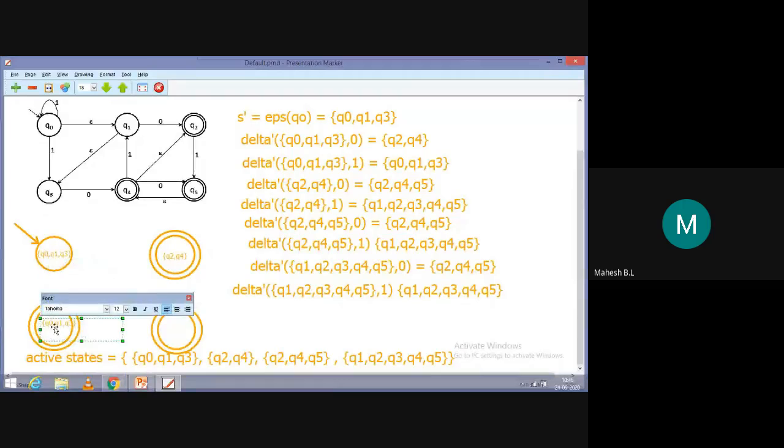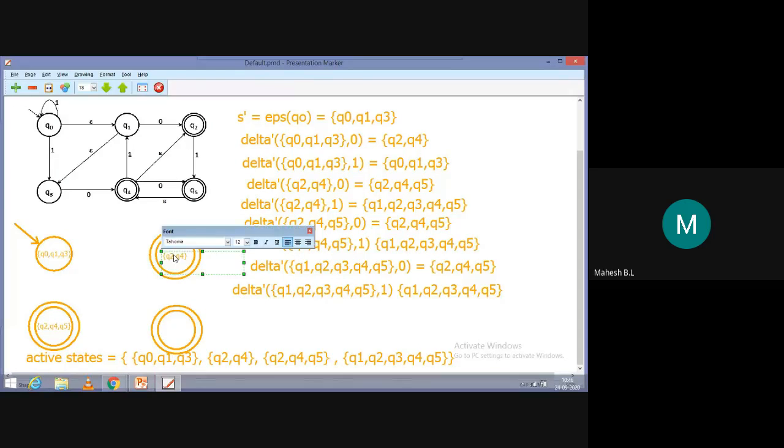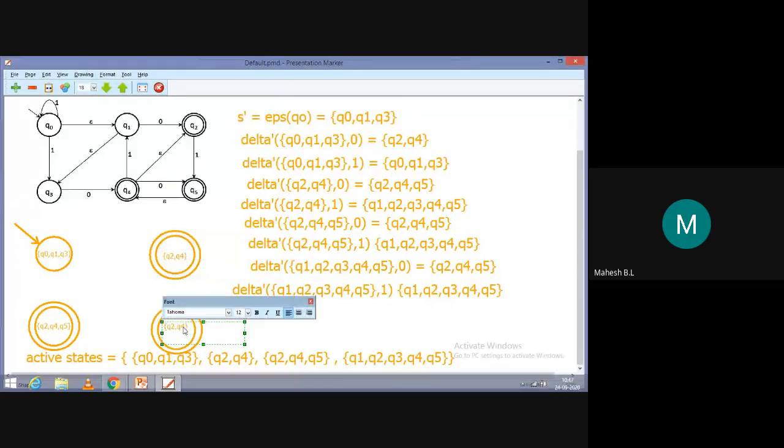Then we have Q2, Q4, Q5. Q2, Q4 and Q5 is another state. Then we have one more state, which is the last one: Q1, Q2, Q3, Q4, Q5.